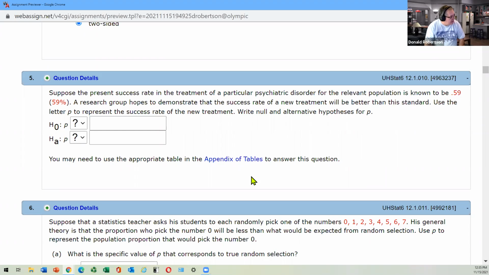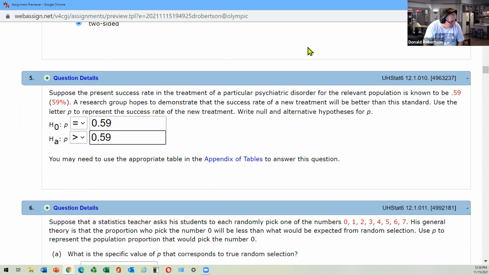So if you're looking at this, won't the null hypothesis be that the new treatment is still 0.59, right? Nothing you see here, nothing's changed, right? You see where the 0.59 came from. Now, this one is an improvement. So wouldn't you hope to be able to prove that P is greater than 0.59?